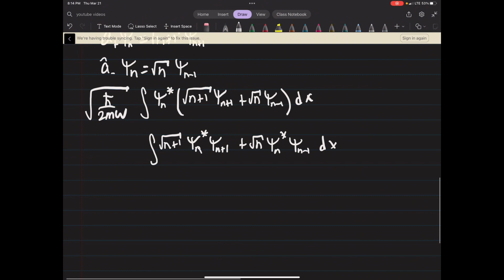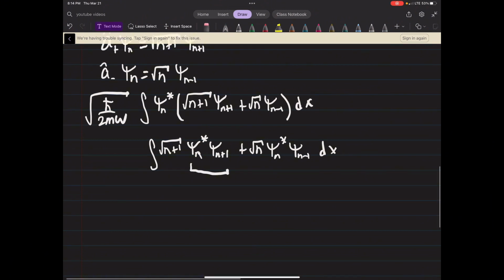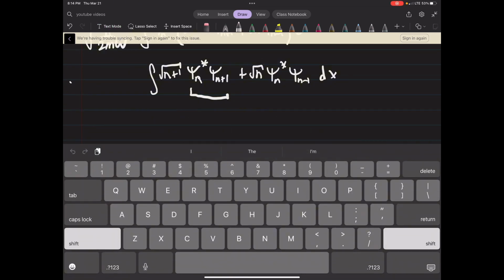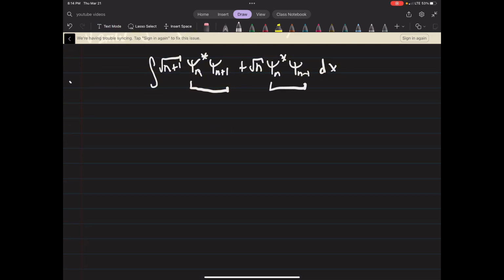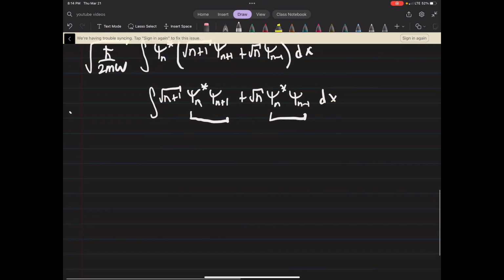What that means is this product and this one are going to be 0 because they're two different states. So because of that, this whole integral is 0.